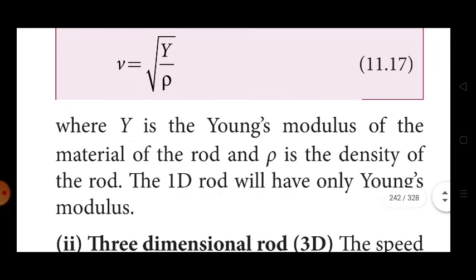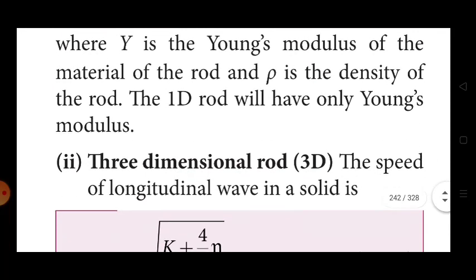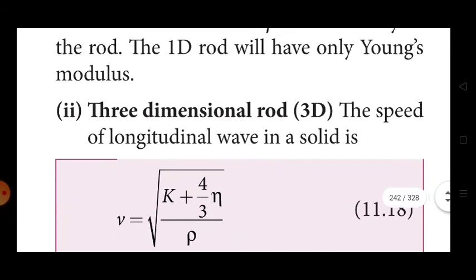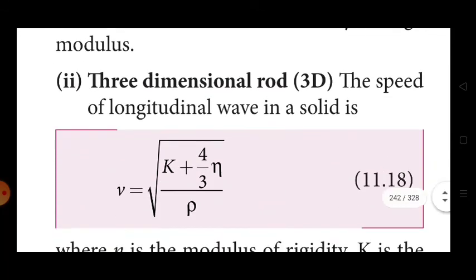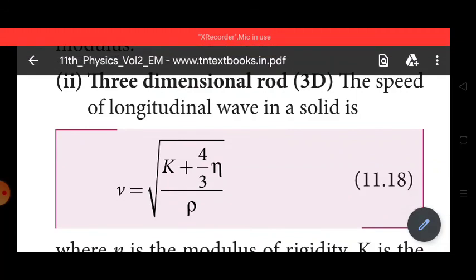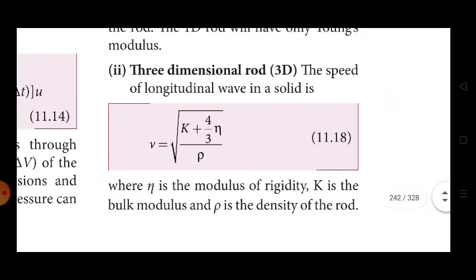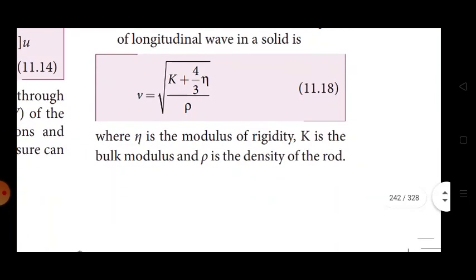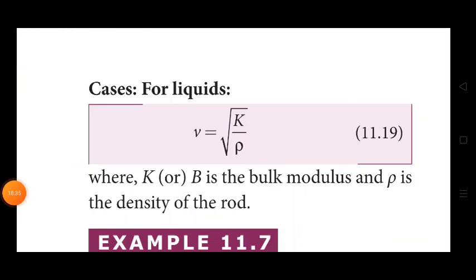For a three-dimensional solid, the speed of longitudinal waves is v is equal to root of (K plus 4/3 eta) by rho, where eta is the modulus of rigidity, K is the bulk modulus, and rho is the density of the rod. For liquids, v is equal to root of K by rho. Here K or B is called the bulk modulus and rho is the density.